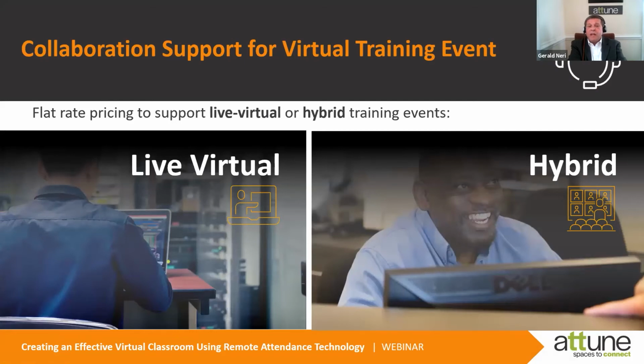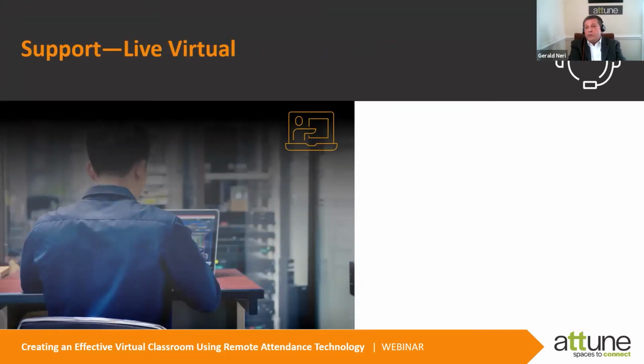So in terms of collaboration support that Attune can provide, we have separated the two virtual models, live virtual and hybrid. As you may recall, virtual is when all the students, including the instructor, are virtual.